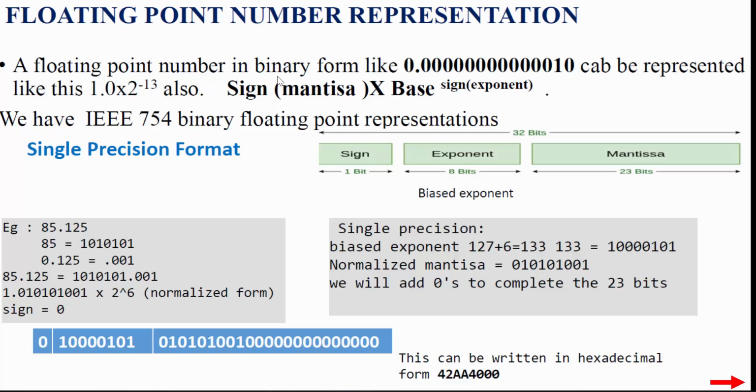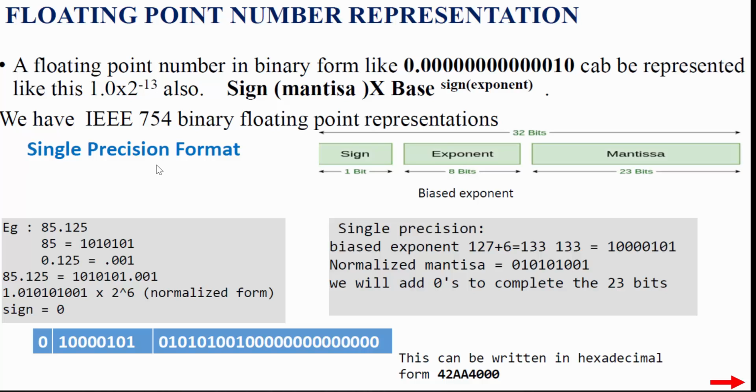Just keep this point in your mind. If we shifted the decimal point towards the right, then we need a negative exponent. The exponent actually indicates the number of shifts towards the right. And if we shift towards the left, then the exponent will be positive.